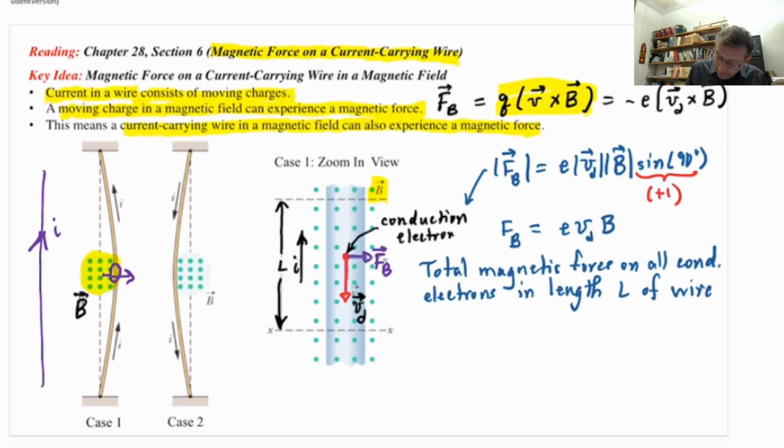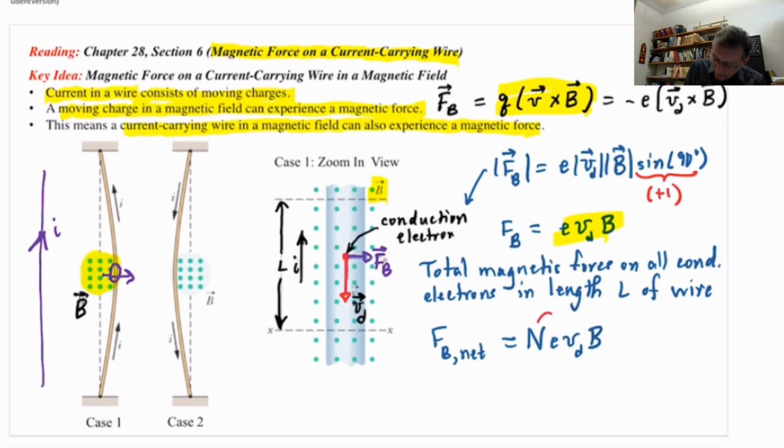Call it FB net. Well, I get that magnitude you see right there, little e V drift B, for one electron. So we just multiply by a symbol I'll call capital N, which is the total number of conduction electrons in the wire in that length L. And then I multiply that by e V drift B. Does that make sense?